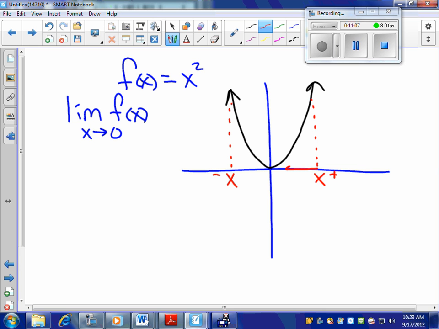As I run these x values closer and closer, the output, so the green, approaches what number? So as the red approaches this 0 mark, you can see that the outputs also approach an output value of 0.